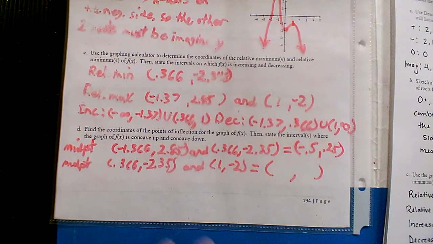So add your x values together, divide by 2. Add your y values together, divide by 2. And this one doesn't come out as nice as the first one, but what do we get as an answer for this one?